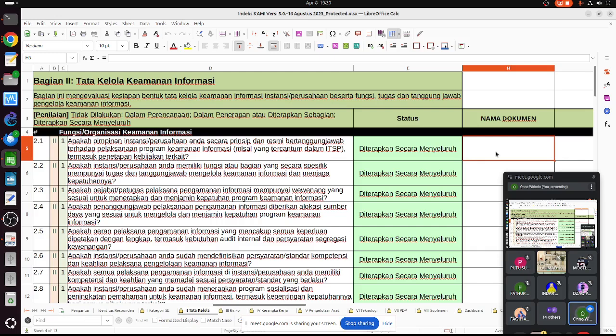The problem is we have to make sure that our document is implemented and running in the system. So that's our biggest problem right now. Of course, I talked about this with a friend at the BSSN.